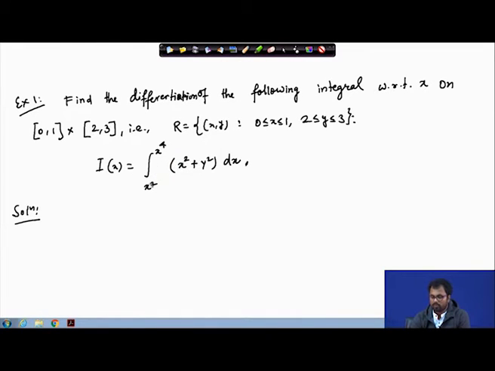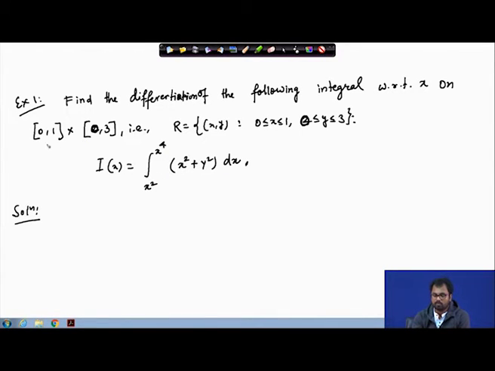First of all we see that both the functions, let us start this interval at 0 as well, so that we have a bigger interval. So 0 to 1 and 0 to 3. Of course these two functions, both the upper limit and lower limit, are continuous in this interval.